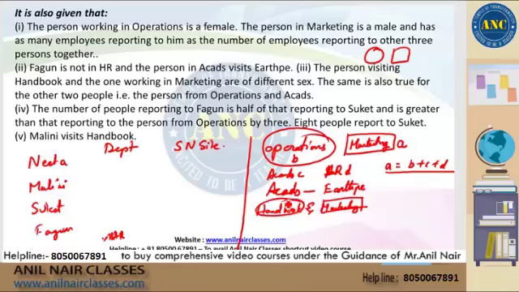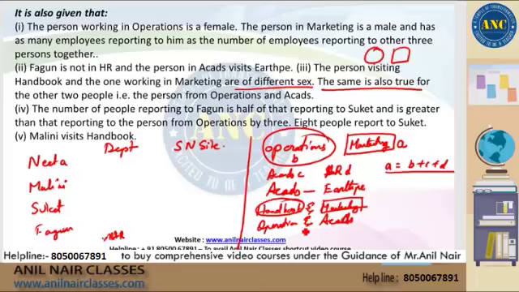That automatically means the Handbook visitor must be a female. That also means the person in marketing does not visit Handbook. So there's a male and a female, two different persons. The same is also true for the other two people, that means the other two people also are of a different sex. Apart from Handbook and marketing, the other two people, one is from operations and the other is from ACADS.